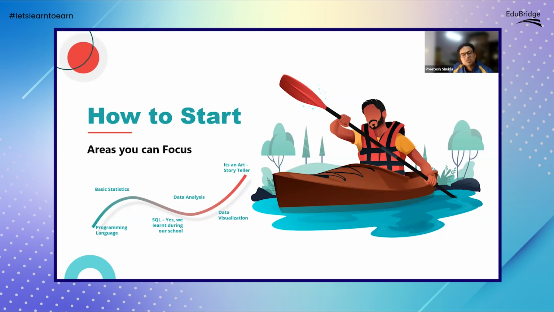Data visualization is another area. I think once you get hold of your data through programming languages like SQL or Python, you may want to present that to your customer or to your audience. That's where data visualization tools come in handy. So things like Power BI, things like Tableau, right? These are very strong tools in the market, by the way.